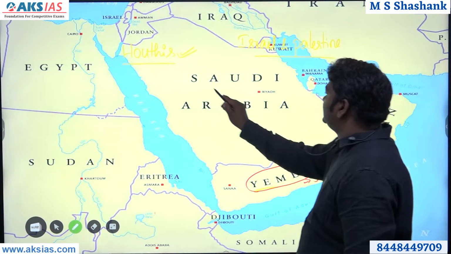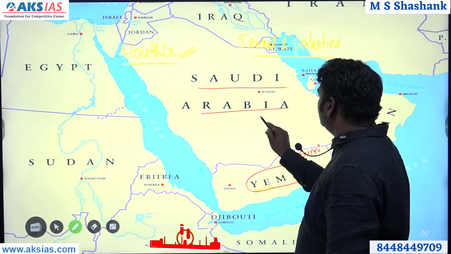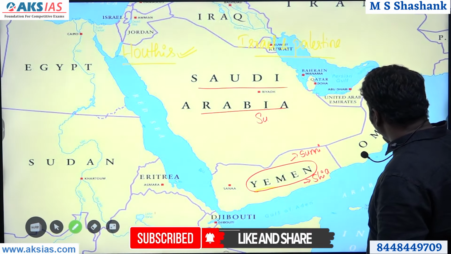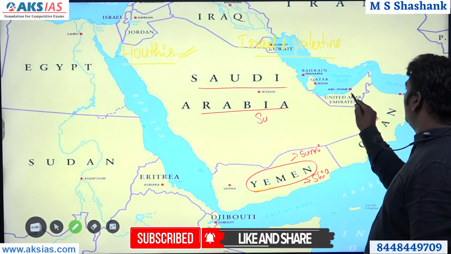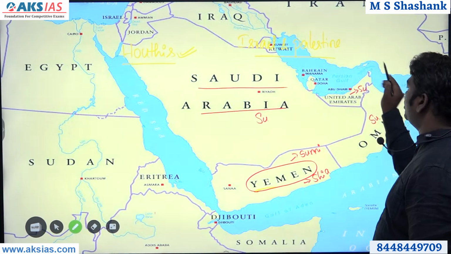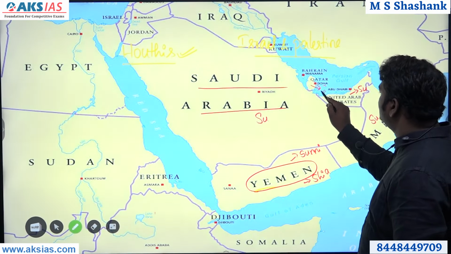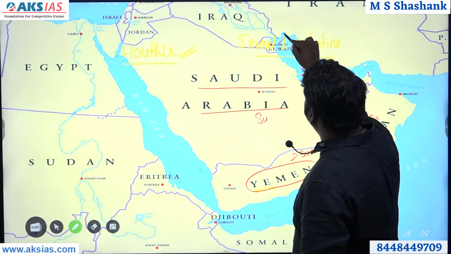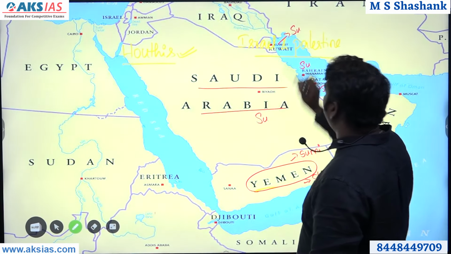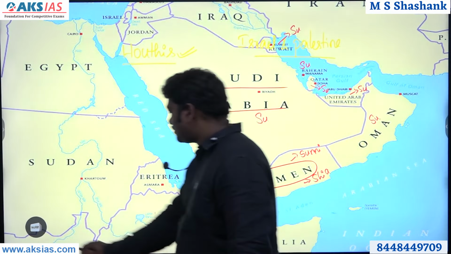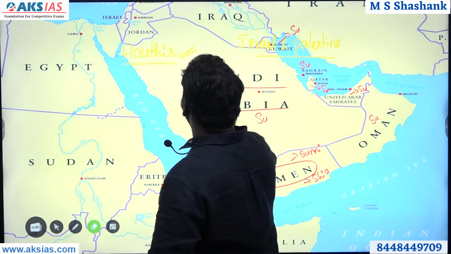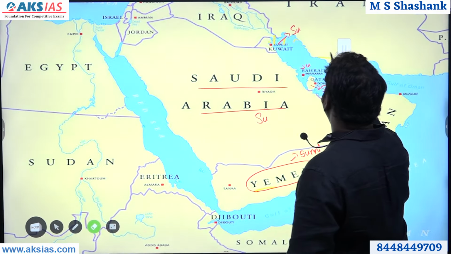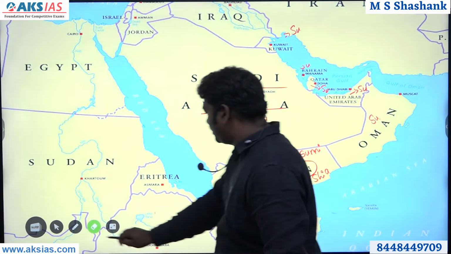If you look at Saudi Arabia, this is Sunni dominated. If you look at Oman, Sunni dominated. UAE, Sunni dominated. Qatar, Sunni dominated. Bahrain, Sunni dominated. Kuwait, Sunni dominated. Right? If you see anywhere in all these areas, these are all Sunni dominated.